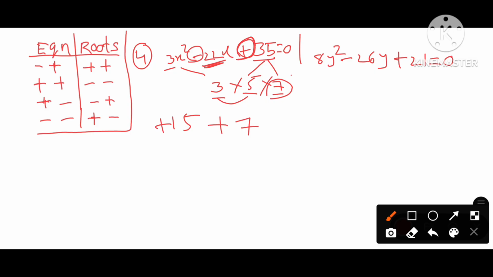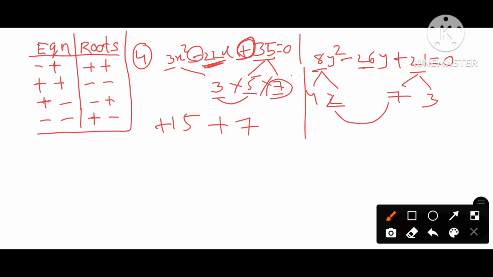Now let's see equation y. In equation y, we have 8 and 21. Let's divide this as 7 into 3, and let's divide this as 4 into 2. So we need two factors whose sum is 26.